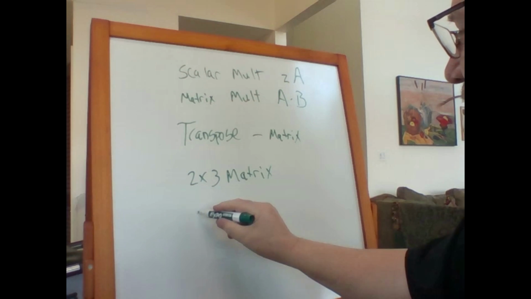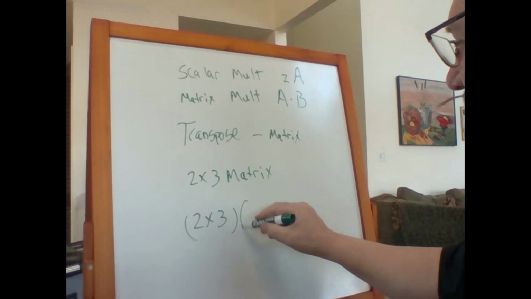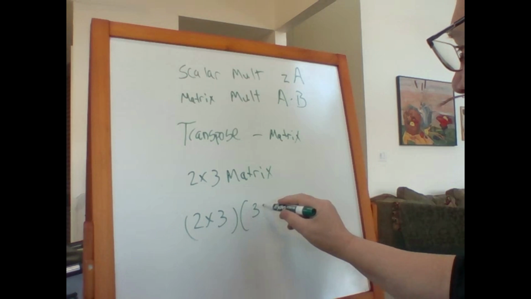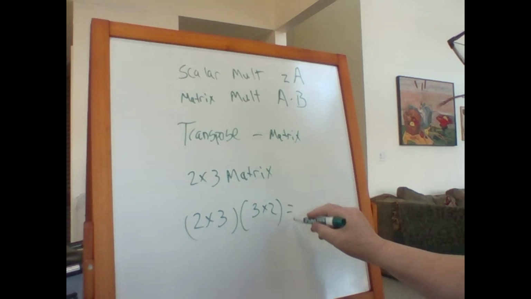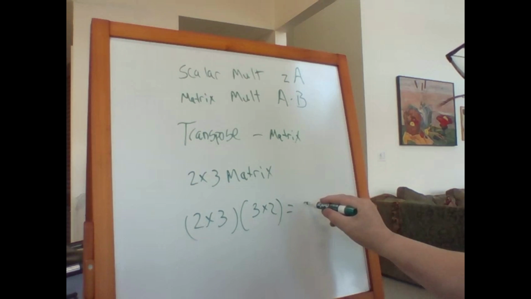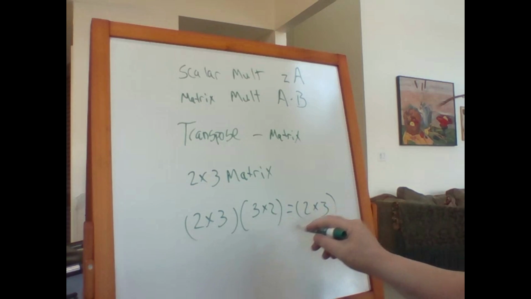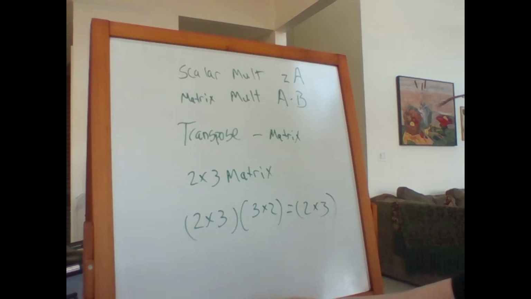And if you have, for example, a 2 by 3 multiplied by a 3 by 2, I think you end up with, I'm going to have to check this, but again, I think you end up with a 2 by 3. But matrices become transformed into other types of matrices if you perform operations on them.